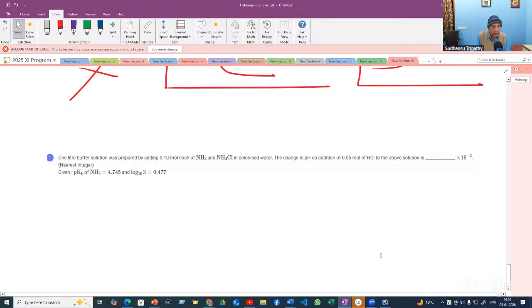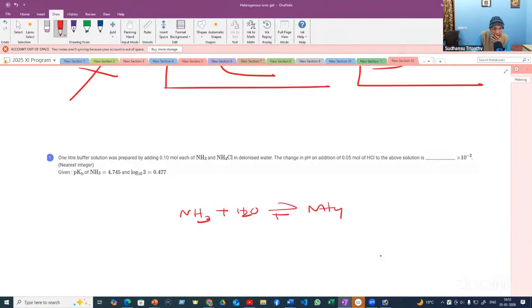Now pick up your pen and paper and your calculator. Ammonia means ammonium hydroxide. This is its dissociation, and there is a common ion effect, ammonium chloride is giving NH4 plus and Cl minus.